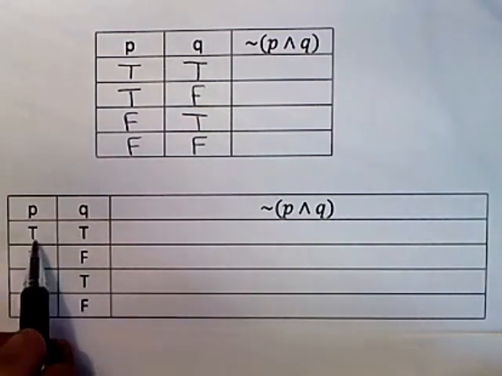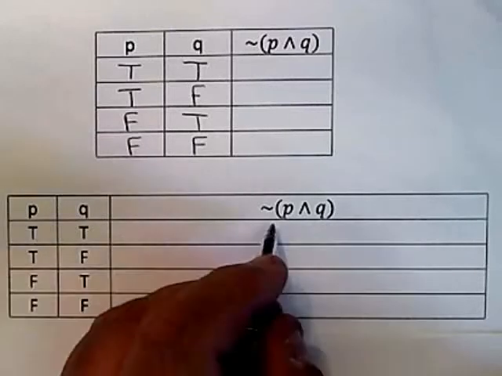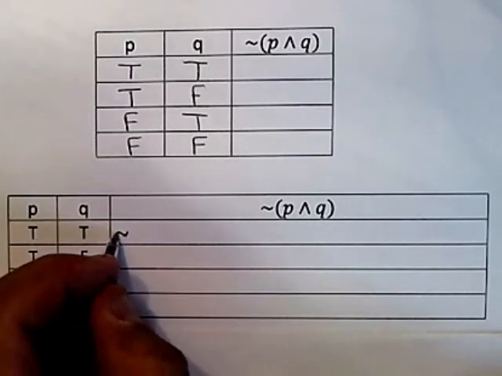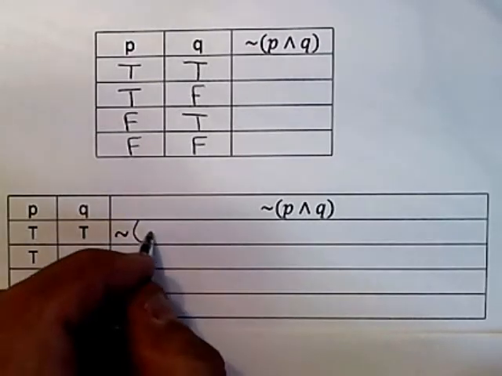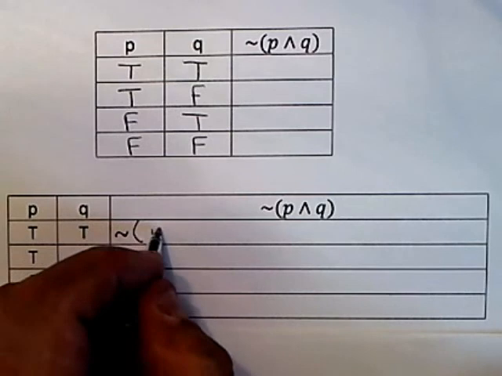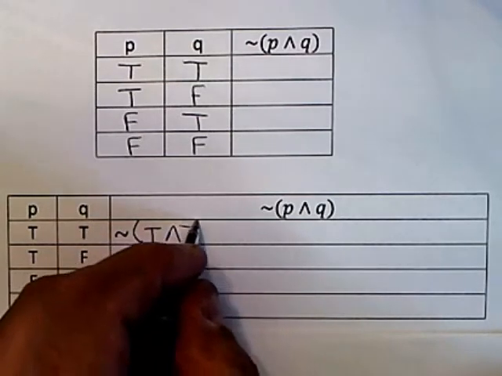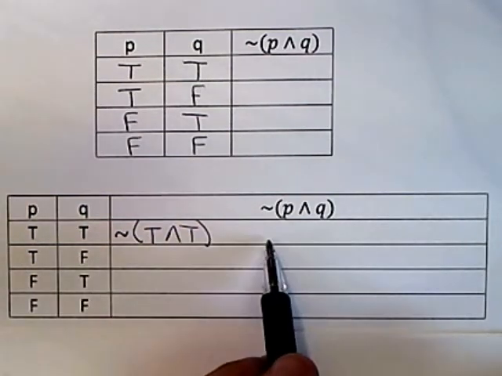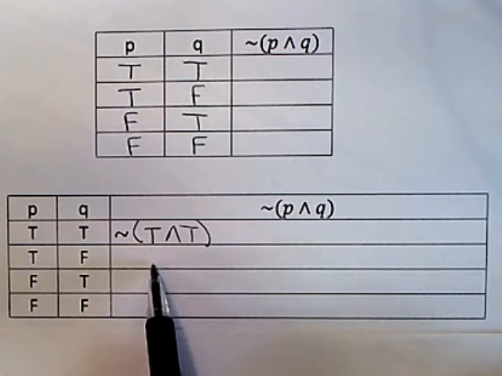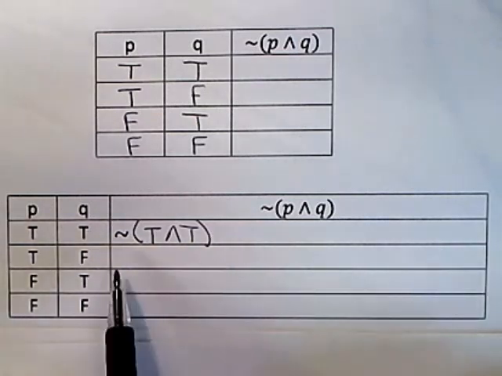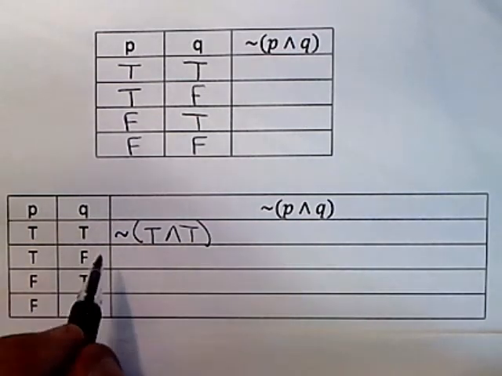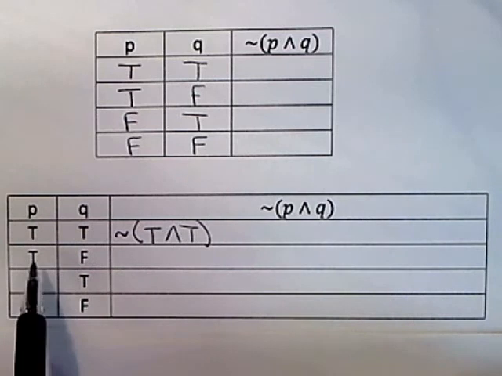So if I let both P and Q be true, this statement turns into the negation of the compound statement true and true. Now I could keep working across, but I'm going to stop and just work my way down. You can go either way, but I think for teaching purposes it's probably better to go down.